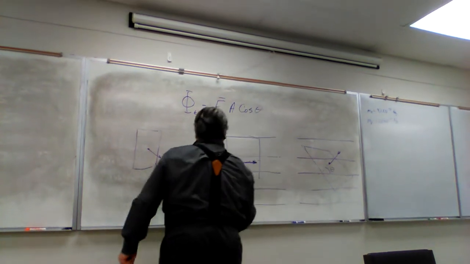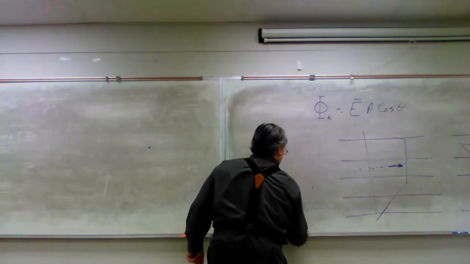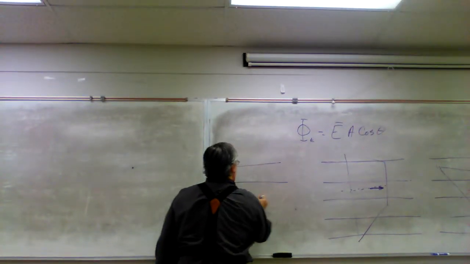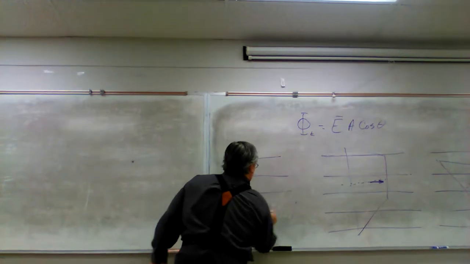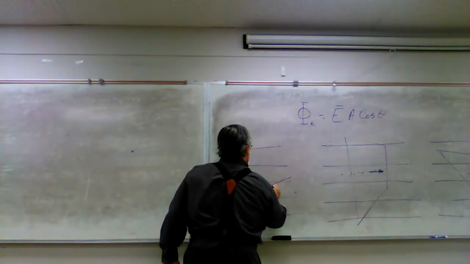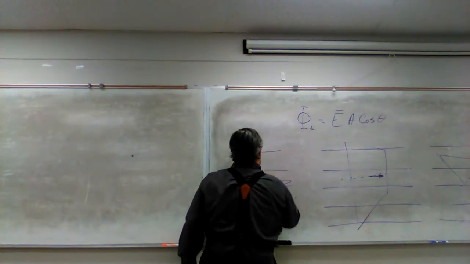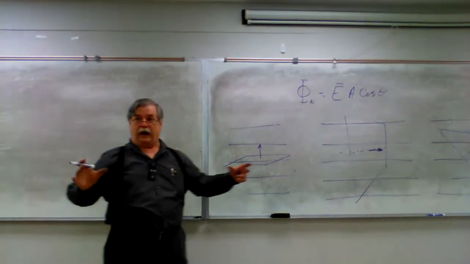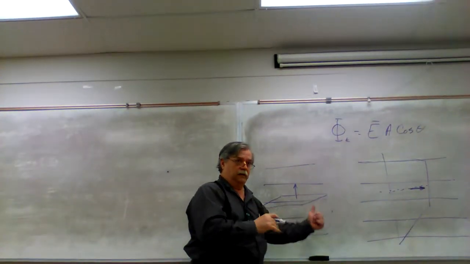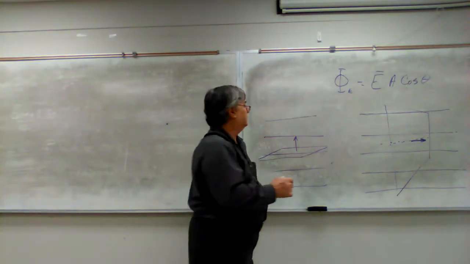Well, at that point, it's easy to visualize that if this is your E field, and your unit of area is parallel to the E field, the vector normal to it is perpendicular to the E field.